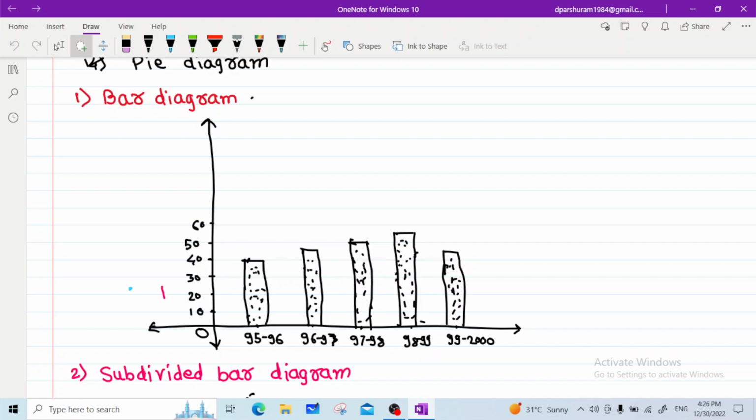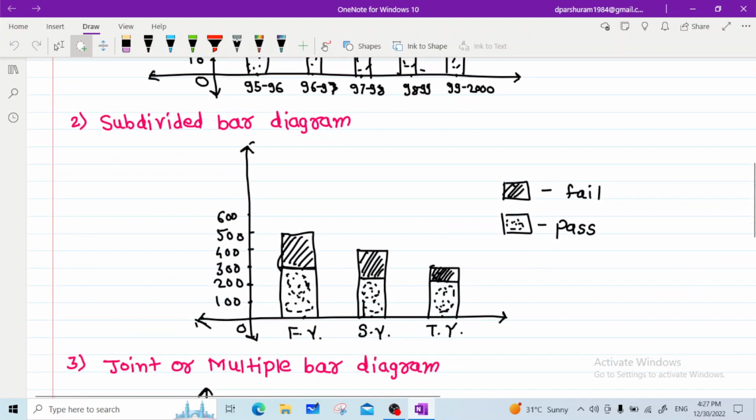So we draw a straight line and we get the bar. Same for 98 to 99 and 99 to 2000. This is our bar diagram. Second one is the subdivided bar diagram. Subdivided bar diagram is like this.